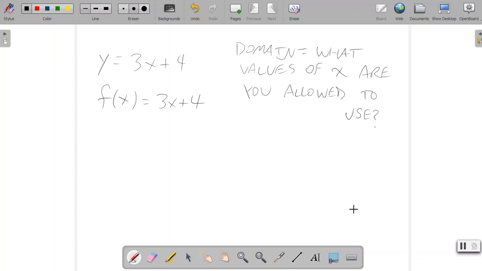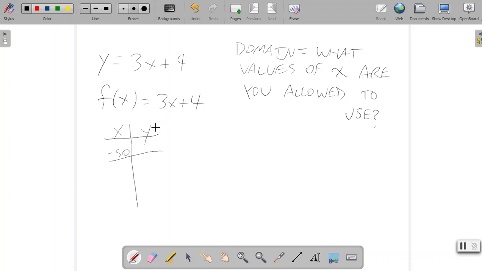And in general, there's no limitation on that. After all, if I use that t-table again, before I used 0, 1, and 2, I could use negative 50 if I felt like it. 3 times negative 50 is negative 150.